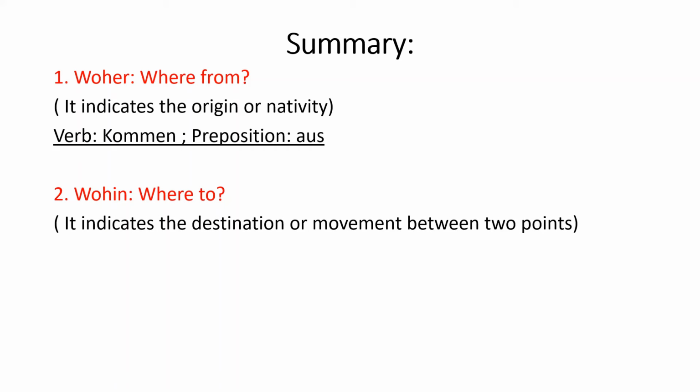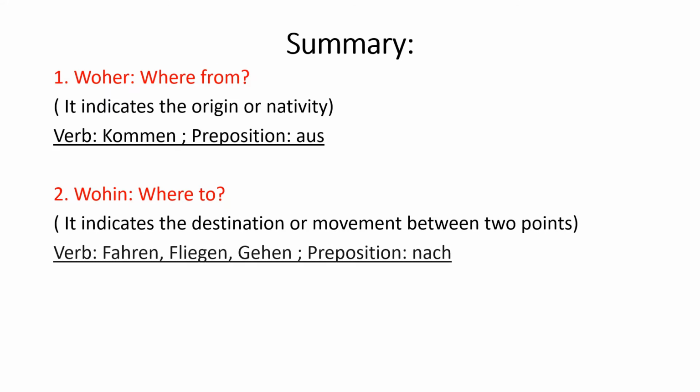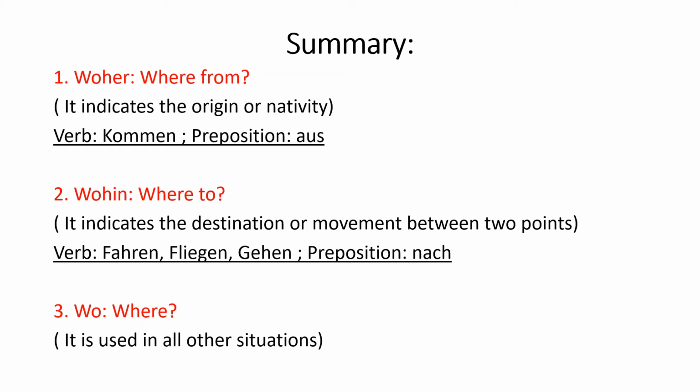It indicates the destination or movement between two points. Verbs associated with wohin are fahren, fliegen, and gehen, and the preposition is nach. The third question word wo, where, is used in all other situations and it takes all other verbs.